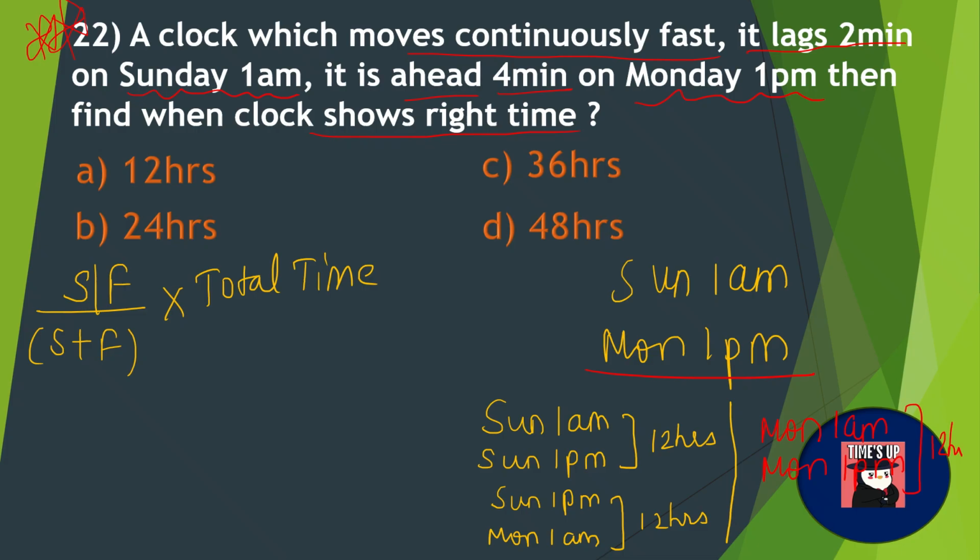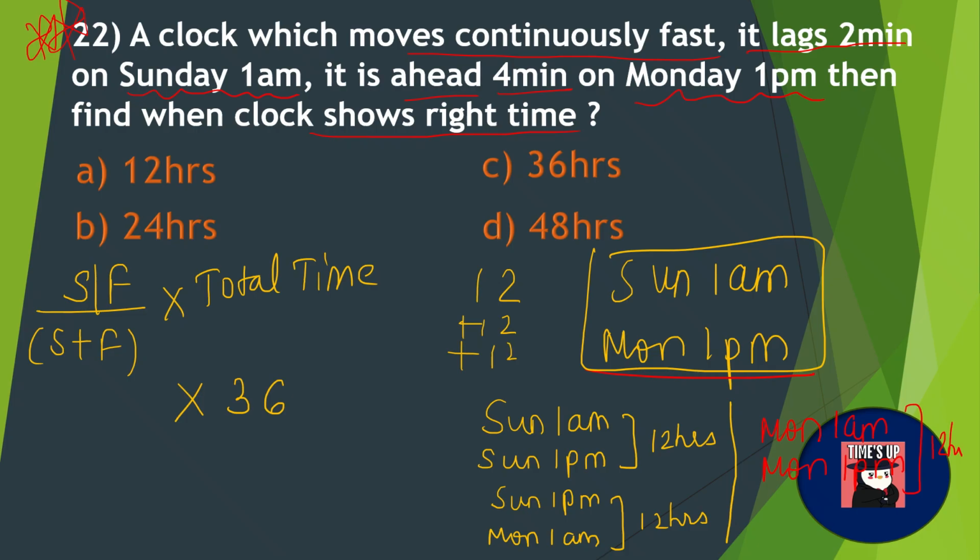So that is how you get total time as 36. Okay, so this is 36 hours. How? 12 plus 12 plus 12, when you do, you will get 36 hours. And you know how 36 came? I showed you just now.